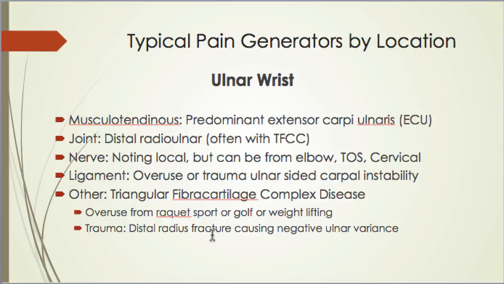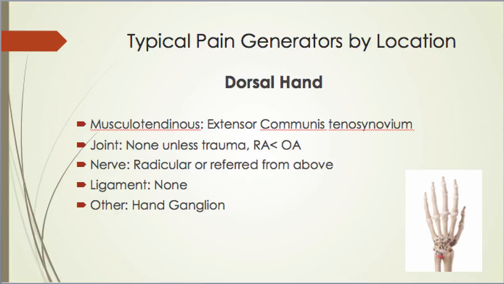That's a problem, because when the ulna is longer than the radius, it can compress this fibrocartilage complex and lead to degeneration and pain. So that's what we're talking about here. Distal radius fracture causing negative ulnar variance. And negative ulnar variance is the ulna being longer than the radius due to fracture of the radius.